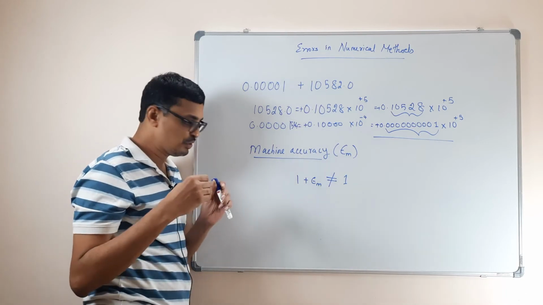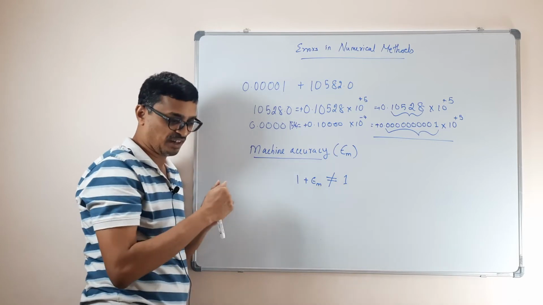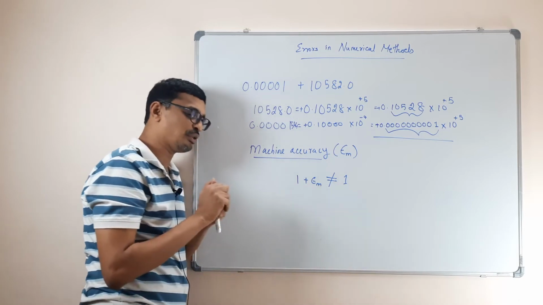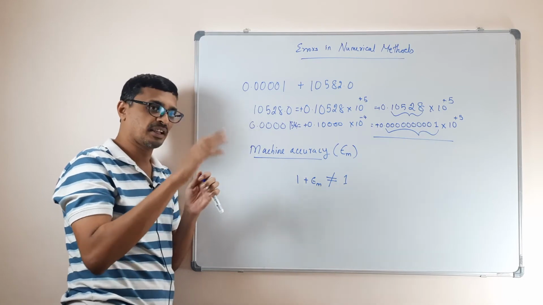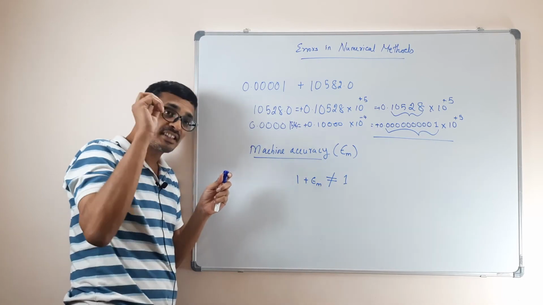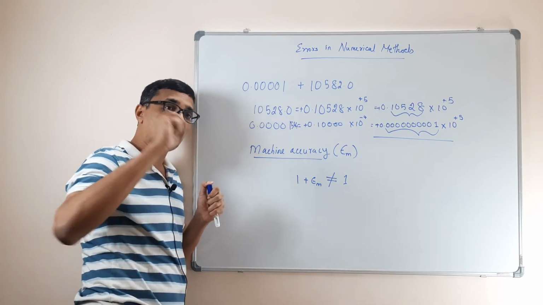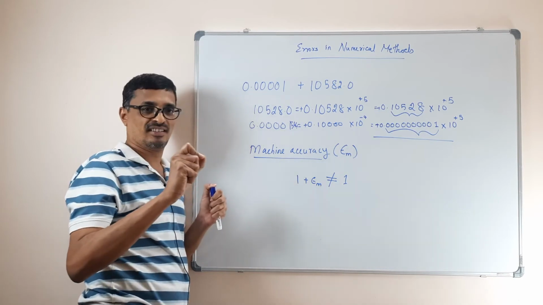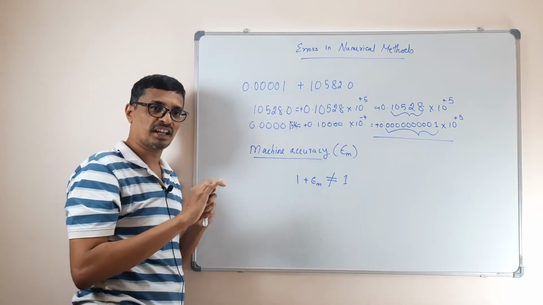You take 1 and keep adding a small number to it. It's a very crude way to find out the machine accuracy, by just adding the smallest number which, added to 1, gives you an answer different from 1. That decides how small the number can be.